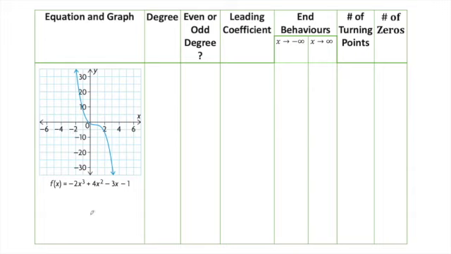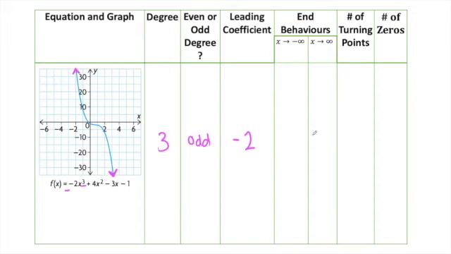So here's another graph. You have negative 2x to the exponent 3 plus 4x to the exponent 2 minus 3x minus 1. You have a degree of 3, which is odd. Your leading coefficient this time is -2. So remember that a negative coefficient means that we're going to finish down to the right. And then opposite end behavior, so we have to start up to the left.